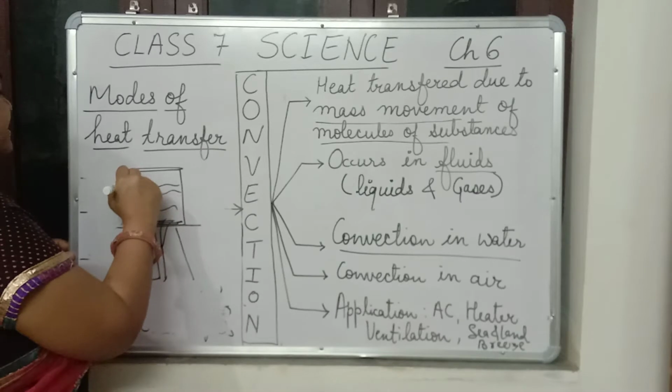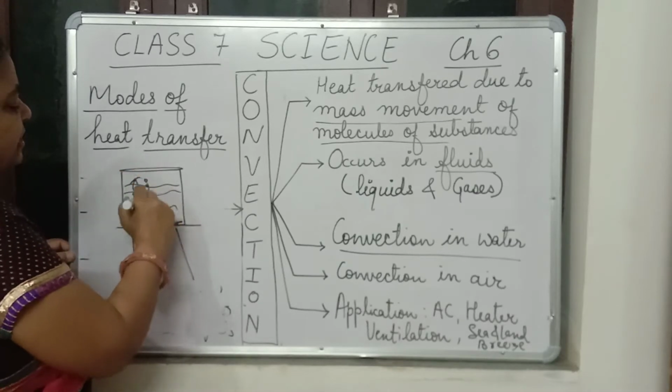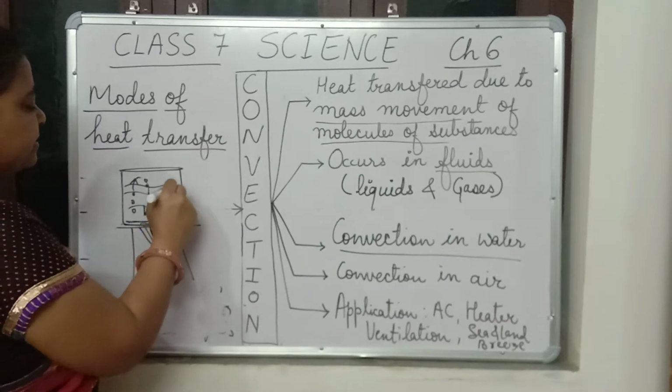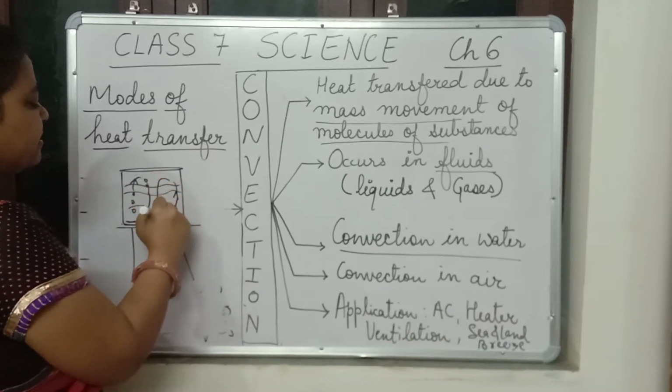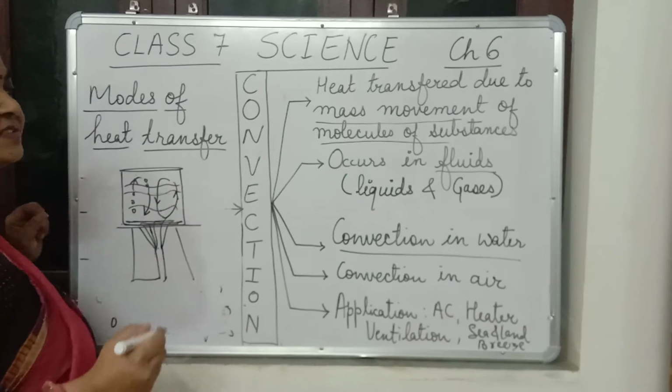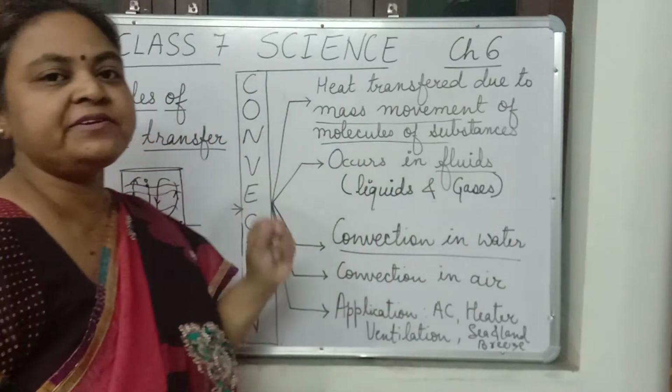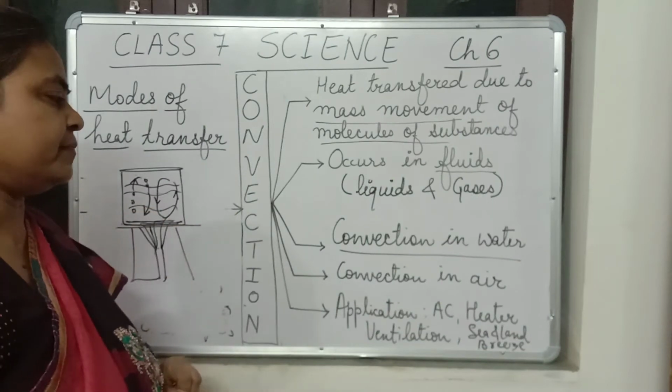So this way it is hot molecules going up, cold molecules coming down. Similarly, this kind of circulation goes on, and with the help of this circulation, convection occurs in water. Heat transfer occurs in water.